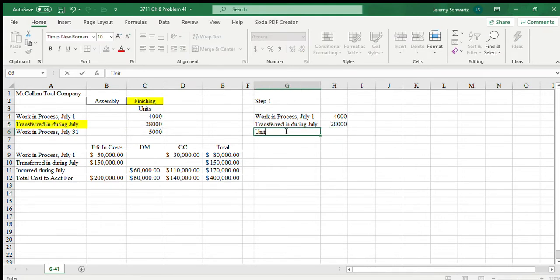So the units to account for would be the sum of the two, or 32,000.